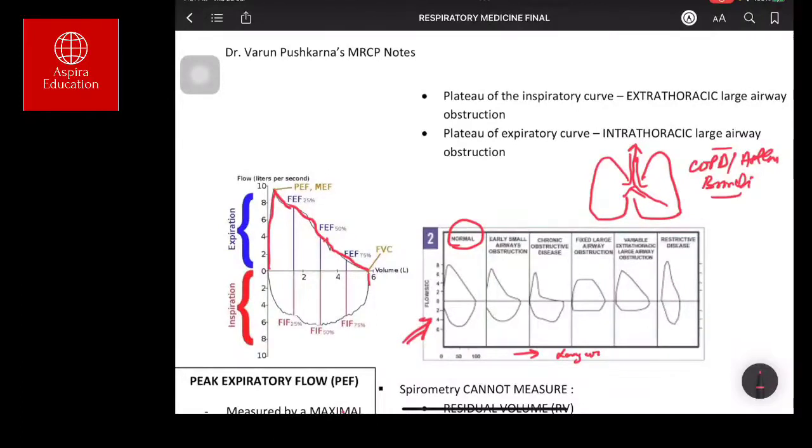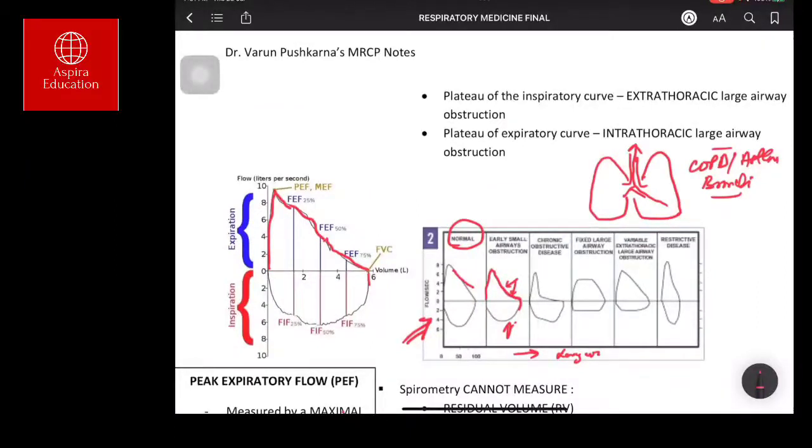That means if expiratory prolongation occurs, we will see a plateau somewhere here. So the expiration is slightly prolonged and has a flatter curve. The inspiration remains the same.